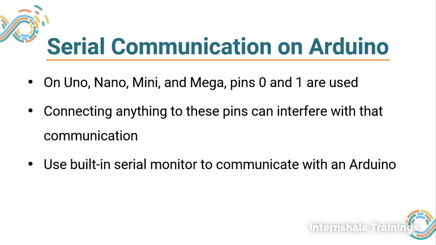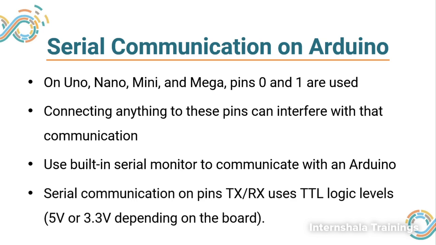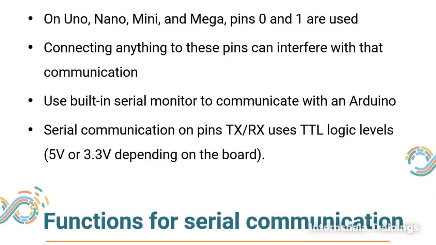We have an inbuilt serial monitor in the Arduino IDE to print anything which is received or sent from the serial communication ports. And based on the board, either it will work on 5 volt or 3.3 volt.